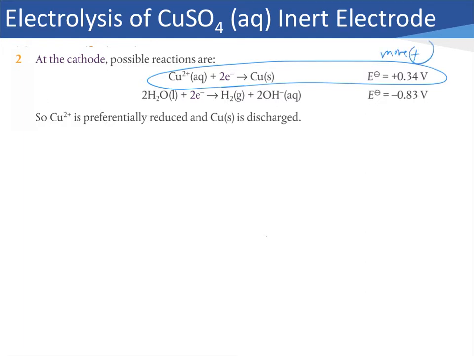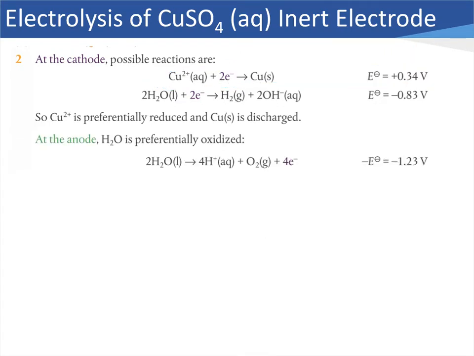More positive value is the reaction that is favored. At the anode, water is preferentially oxidized. If you find sulfate ions on your data booklet, it will simply not be in the form that will matter. The sulfate ions simply aren't oxidized easily.